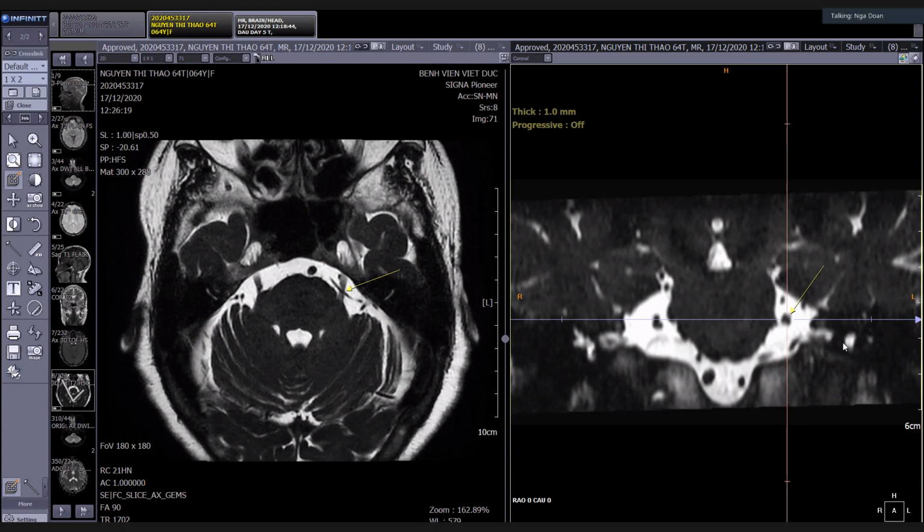No, if the patient is without symptom, I don't diagnose this neurovascular conflict.